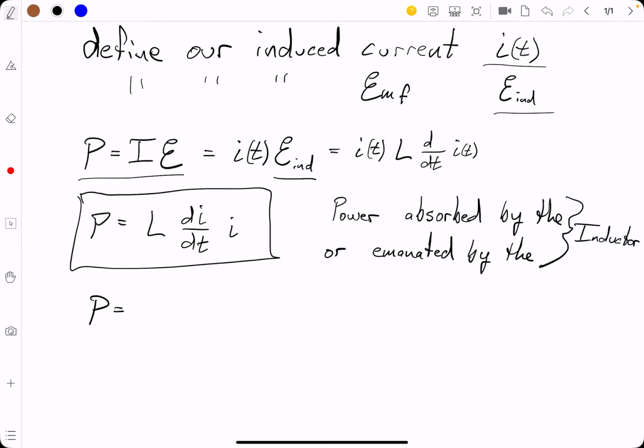I don't like writing the i next to the derivative of i, so here's how I'm going to write it. Not only are you multiplying by the derivative of the i, you're also multiplying by the i itself at a certain time, t equals t whatever, a constant.